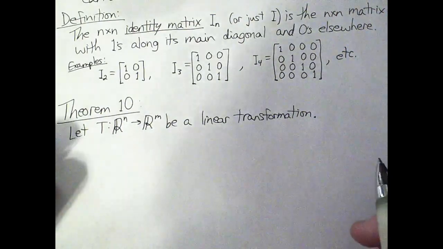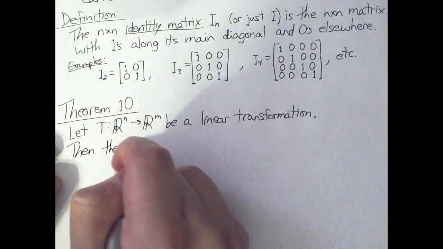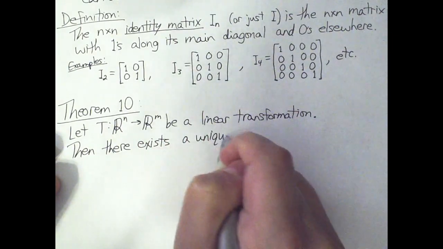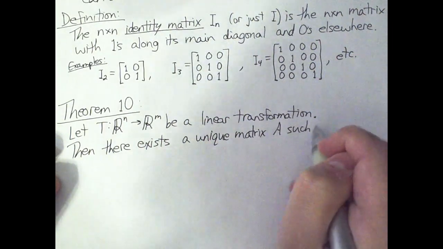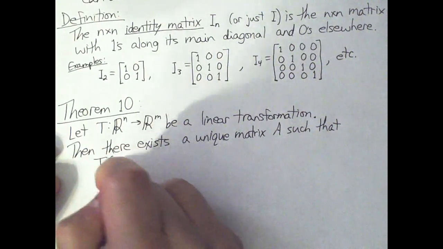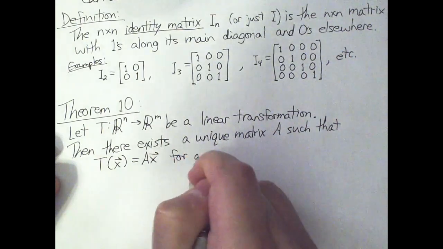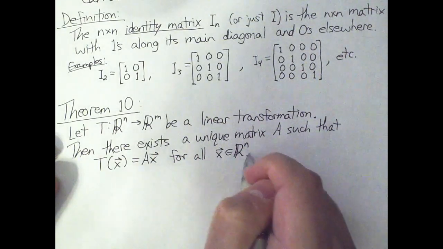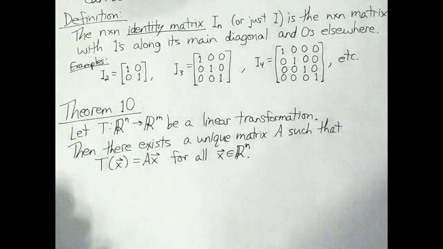All we know is we have a linear transformation T. Then there exists a unique matrix A such that T of x equals Ax for all vectors x in Rn. And there's more to this theorem. There's going to be a little more, but I'll just give you a chance to see that.